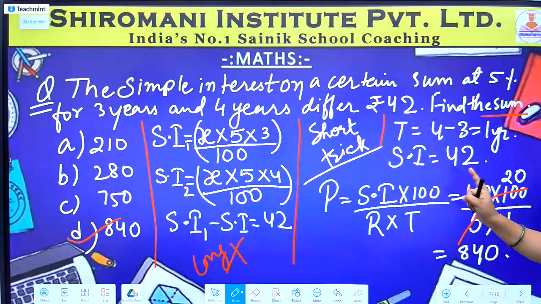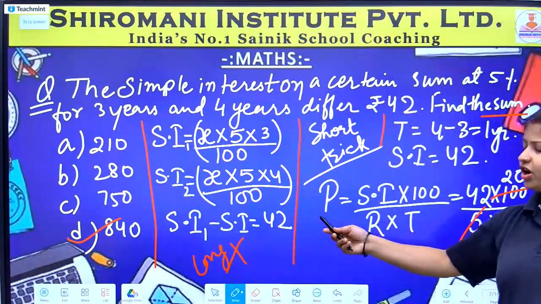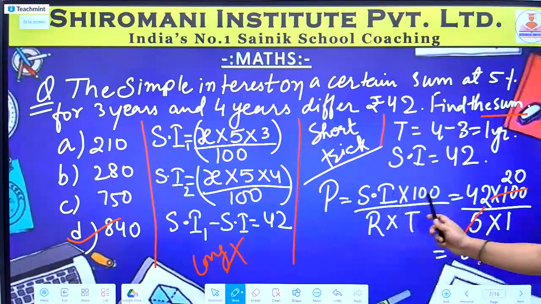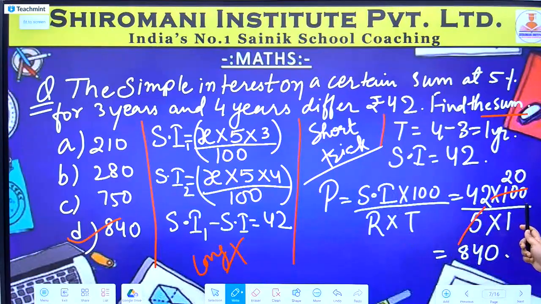So simple interest is 42 rupees. I will just use the short trick formula, SI into 100 upon R into T. SI is 42, 100 ki jagah 100, rate of interest ki jagah 5 and time ki jagah 1. Solve it. 5 1 is 5, 5 into 20 is 100, 42 into 20 is 840. Got it, dear?